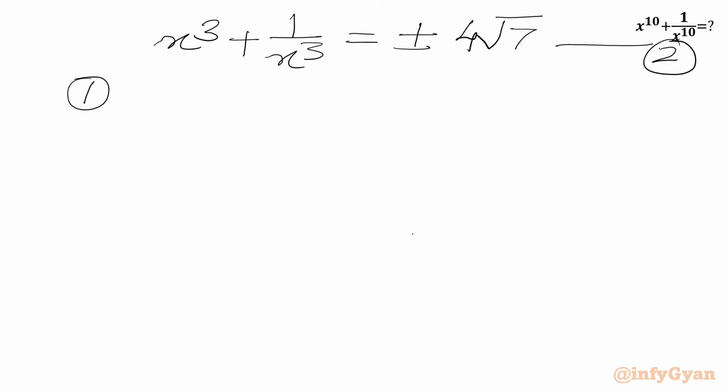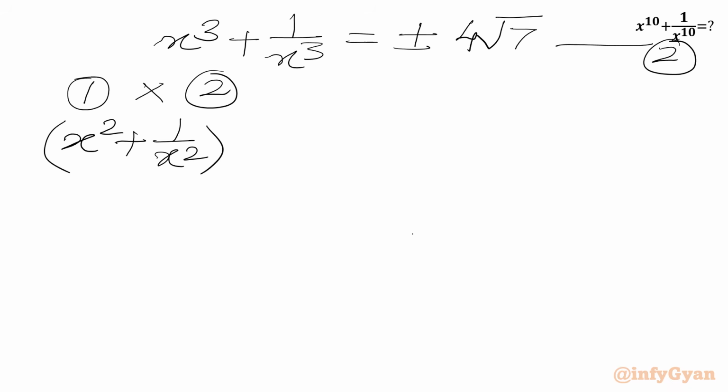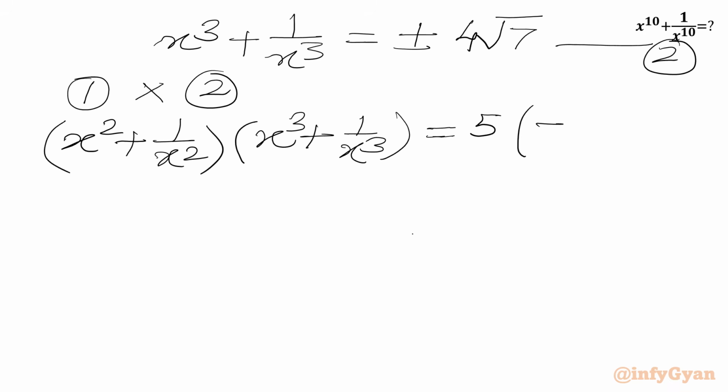Now we have to multiply equation 1 with equation 2. So we'll multiply x square plus 1 over x square with x cube plus 1 over x cube on the left hand side. And in the RHS, we'll multiply 5 with plus minus 4 square root 7.